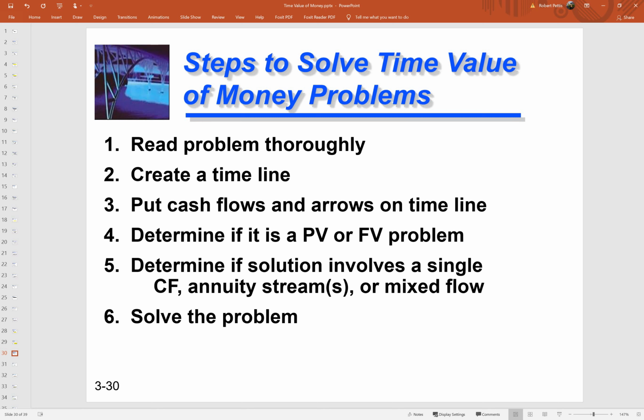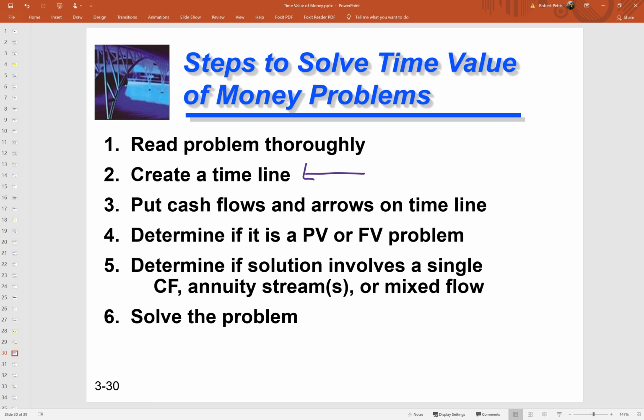Okay, so some of these problems can be a little bit tricky. You're going to have to make sure that you read them very clearly. For example, you should always draw a timeline. Why? Because sometimes we might be asking, well, discount it from the 4th period to the 3rd period, right?